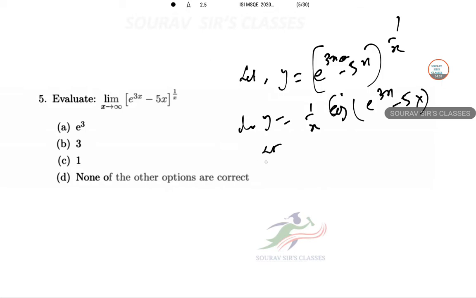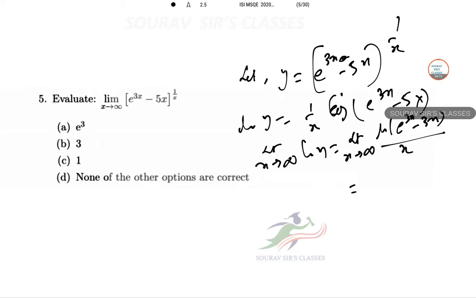Now taking the limit as x tends to infinity, log of e to the power 3x minus 5x divided by x gives 3. So log y equals 3, y equals e to the power 3. So the answer is A.